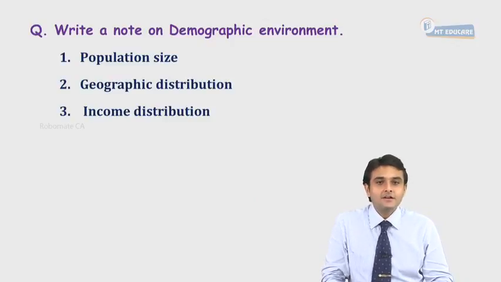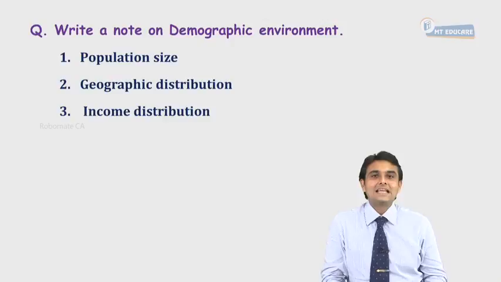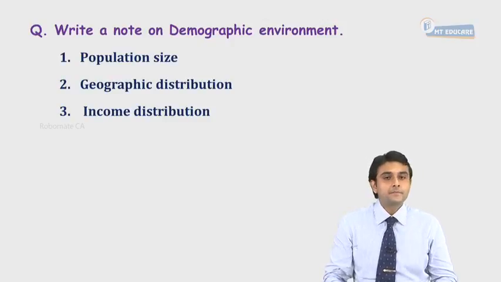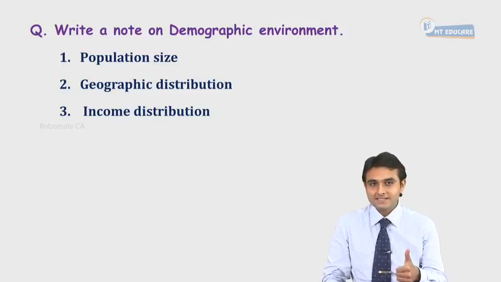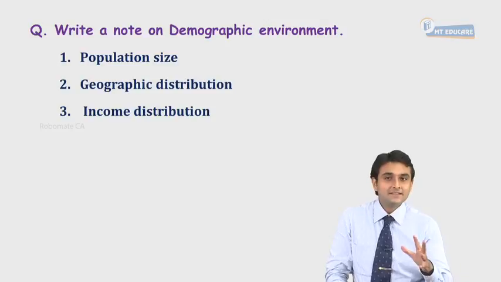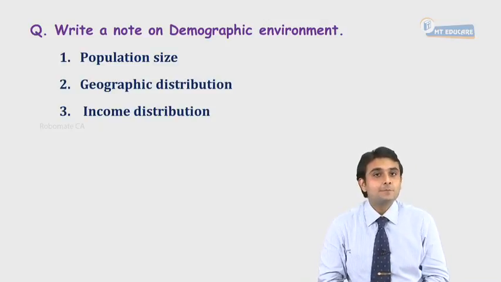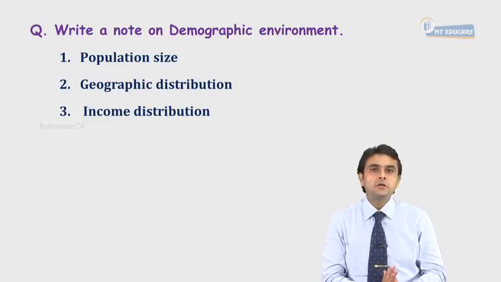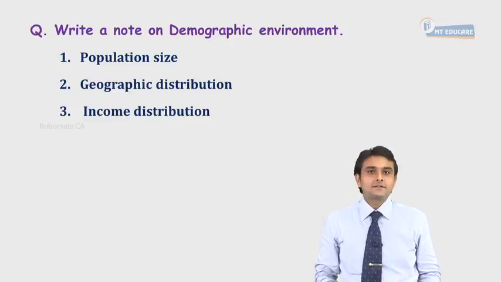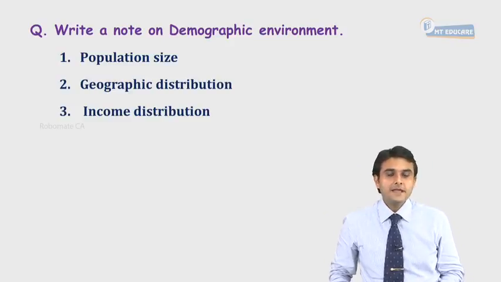Now, the next factor to be considered which influences the business, which is a part of the environment of business, is the demographic environment. The demographic environment consists of factors like the population size, the geographic distribution, and the income distribution. This means that one of the main reasons why India is a preferred market for all the big sellers outside India is the fact that the population in India is big.